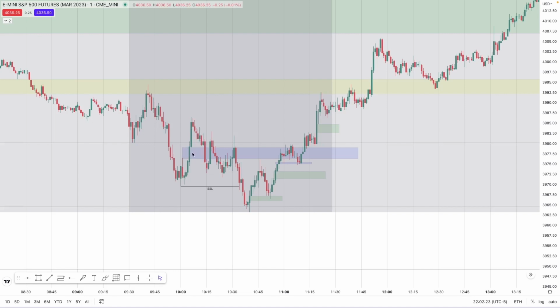As you notice, I marked out this fair value gap, especially because we had two more candles that line up with it, and this is going to come into play later. So I mark this fair value gap and I drag it all the way across. Price moves back down. We move back up.